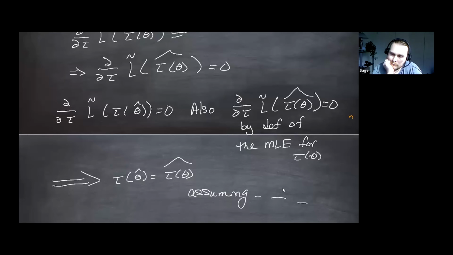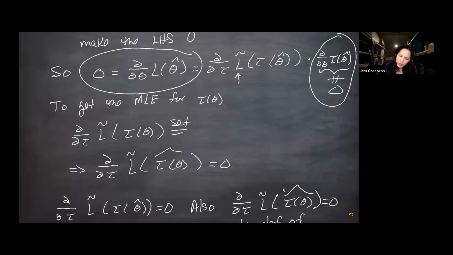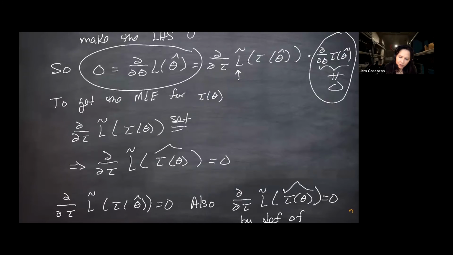I don't think we need it to be strictly increasing or strictly decreasing. This would work if tau of theta was, say, oh, I'm worried about this condition. Yeah, this proof does not work unless it's strictly increasing or strictly decreasing.